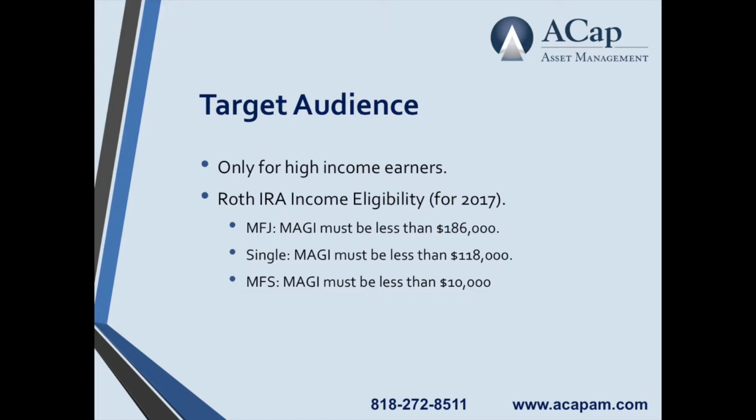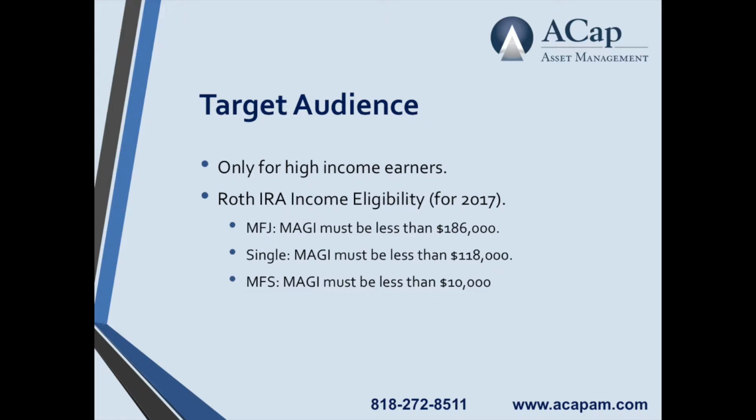If you're single and your modified adjusted gross income is less than $118,000, again, you can directly contribute to the Roth IRA, and you do not need to do the backdoor strategy. Here's where it gets a little tricky. If you are married filing separately, then that threshold drops dramatically down to $10,000.